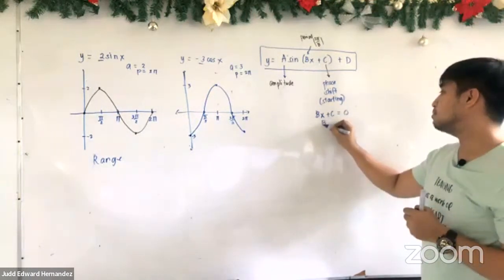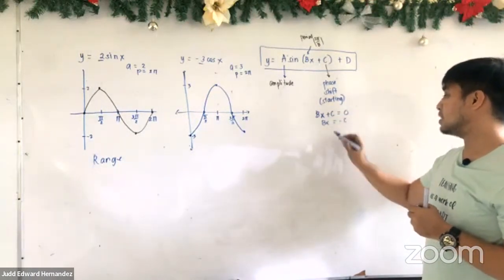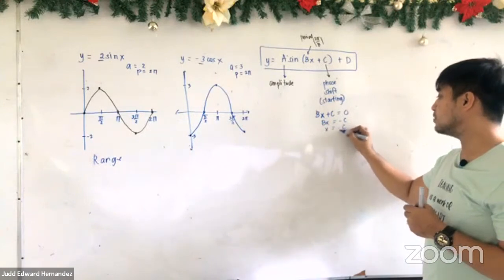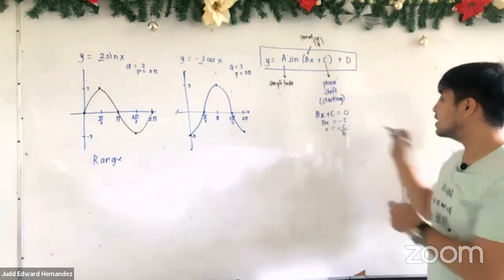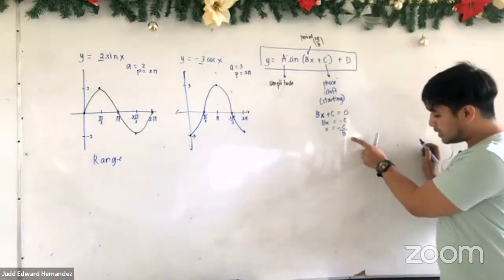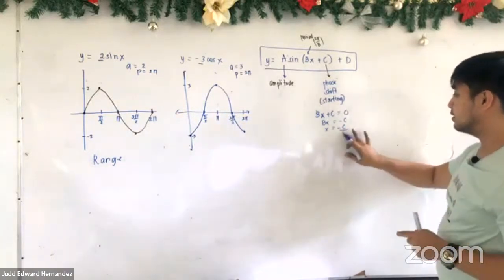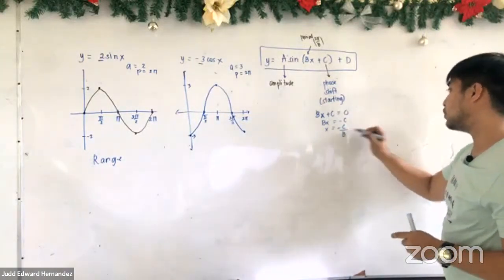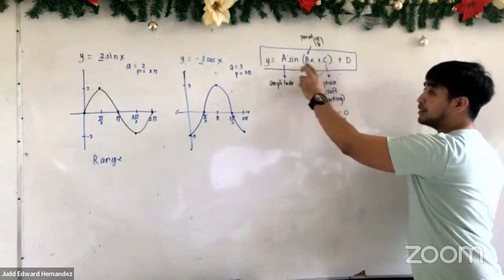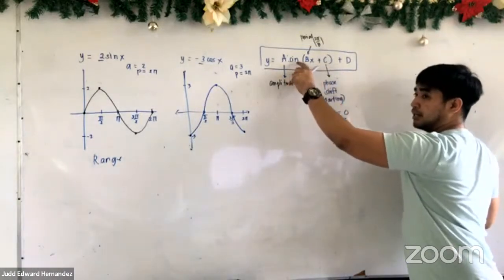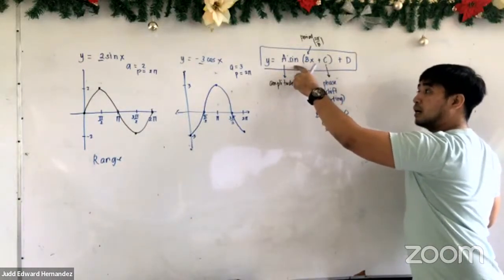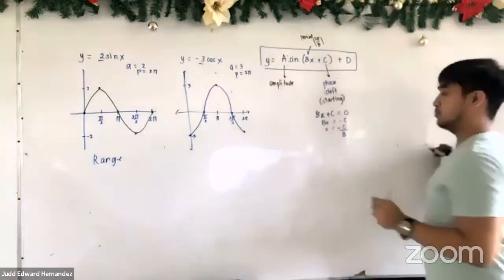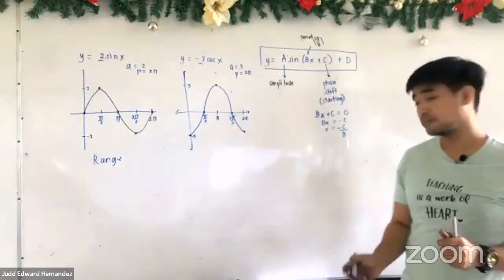Therefore, this becomes bx is equal to negative c. Therefore, x is equal to negative c over b. And that is the starting point. Ito po yung magiging starting point natin. Tandaan mo, ito yung magiging starting point natin if we have a parenthesis here. That is the function of the trigonometric value. Okay? Maliwanag po?